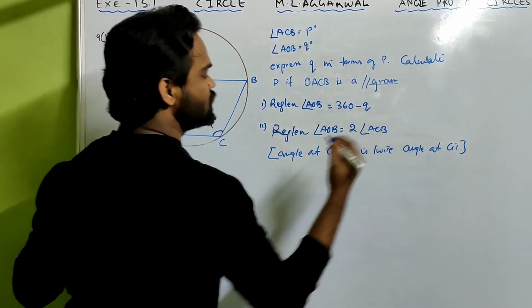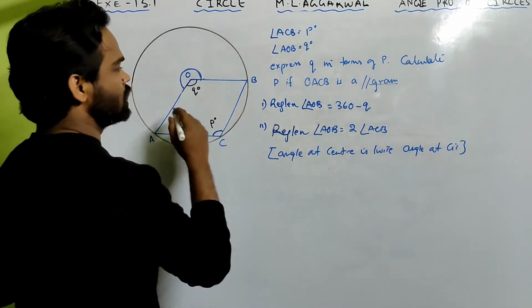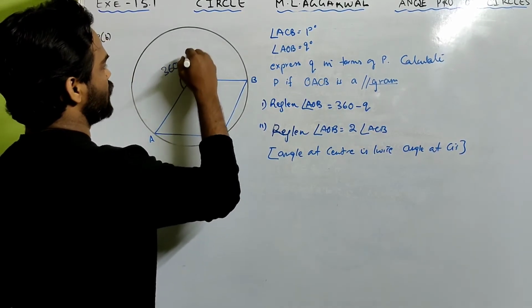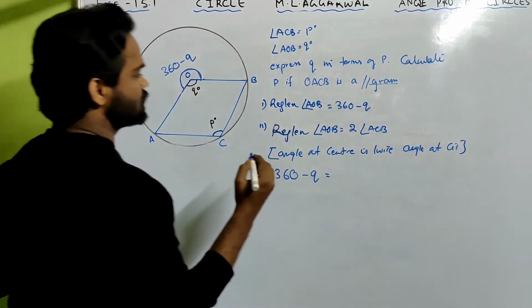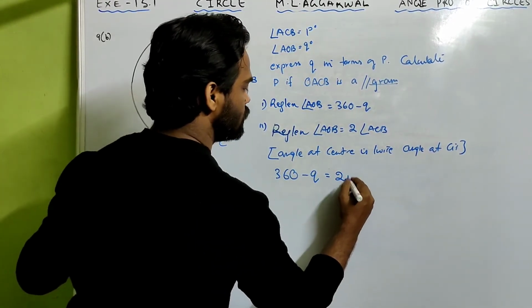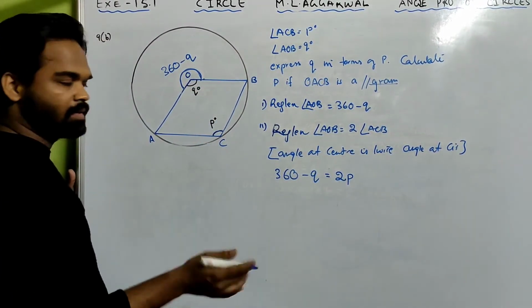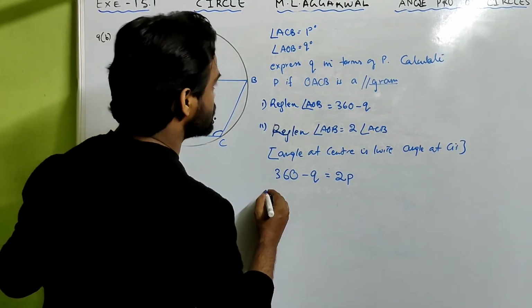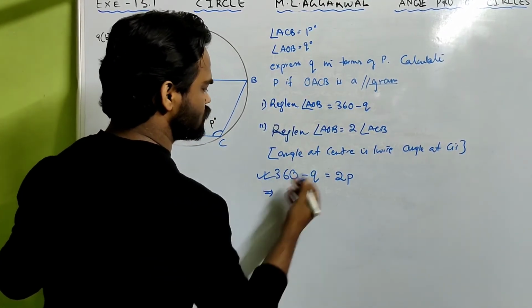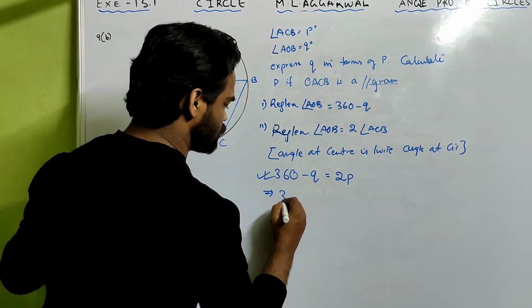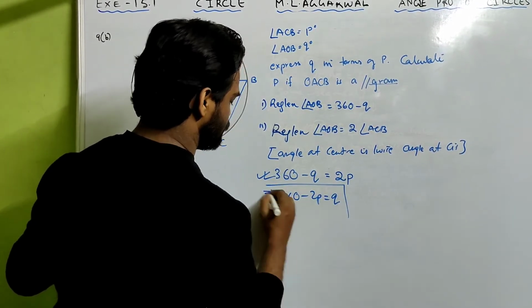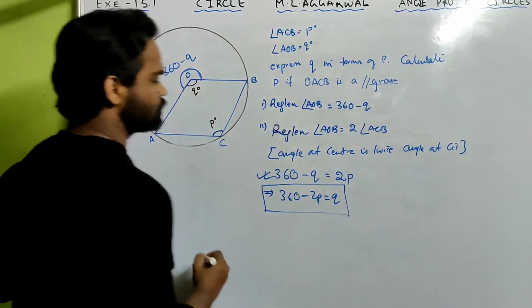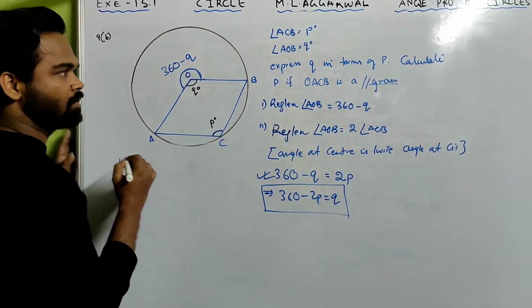We need to write the reason. So this is 360 minus Q. So 360 minus Q is equal to 2P, isn't it? You can leave the answer like this also, or make Q the subject. So 360 minus 2P equals to Q. Done? Okay.